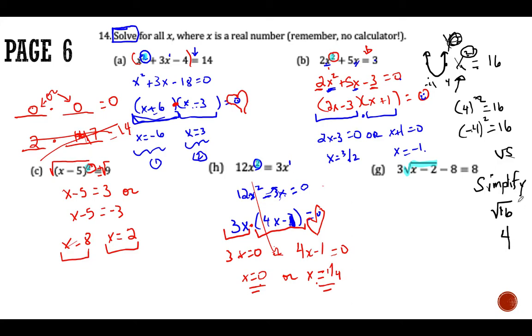The reason is that the square root function is 1 to 1. Right? This square root function has been moved to the right 2, down 8, and kind of stretched up. It is a 1-to-1 function.